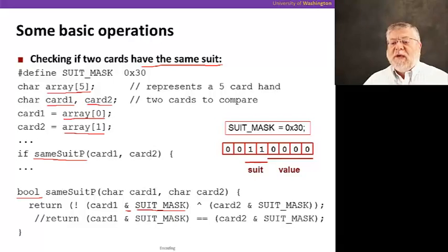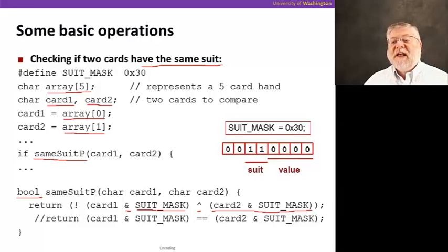Okay, so then we can do an exclusive OR with the suit of the other card. Okay, and why do we do an exclusive OR? Well, remember, an exclusive OR says either one is true or the other is true, but not both. Okay, so we would only get a perfect 0 result if these 2 suits matched exactly.